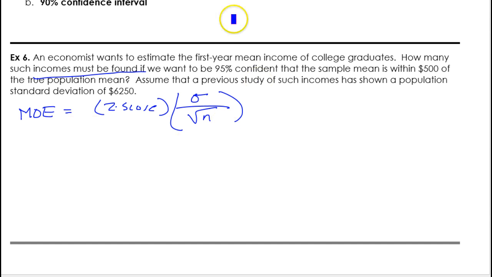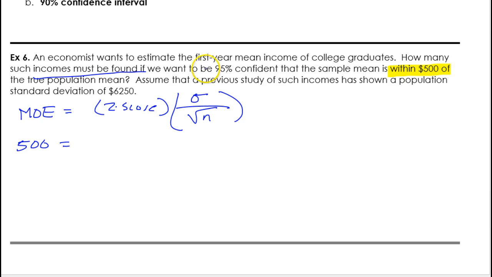It says the sample mean is within 500. Within 500 means give or take 500, so 500 is the margin of error. So the MOE is 500, and that goes here in the formula.